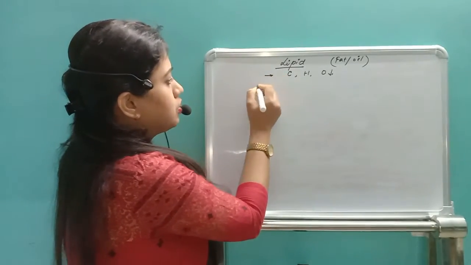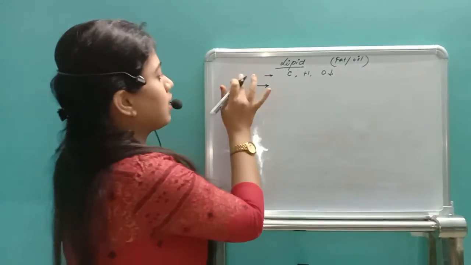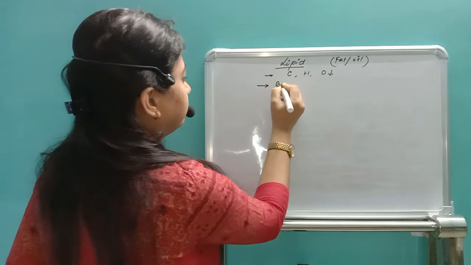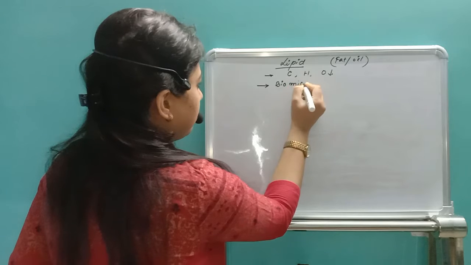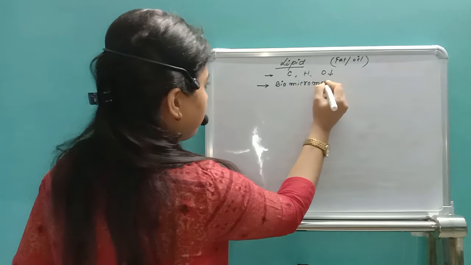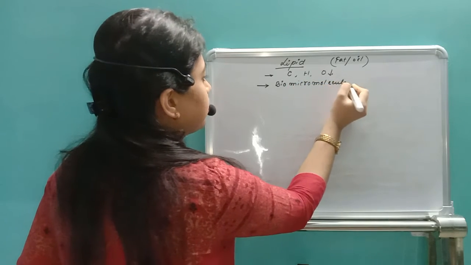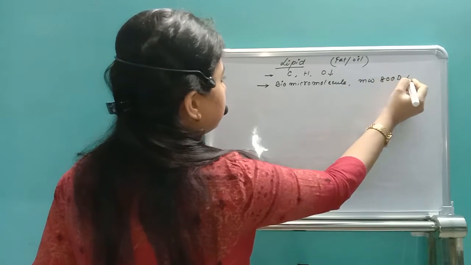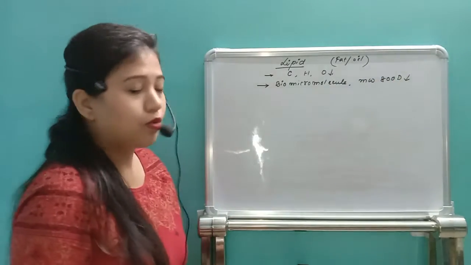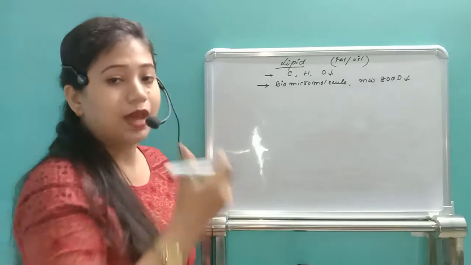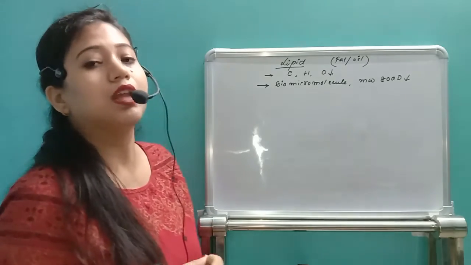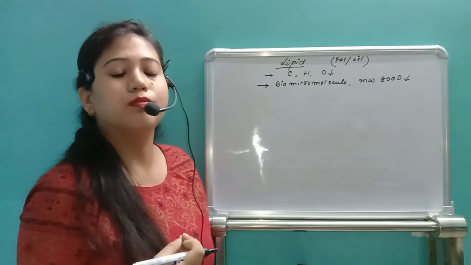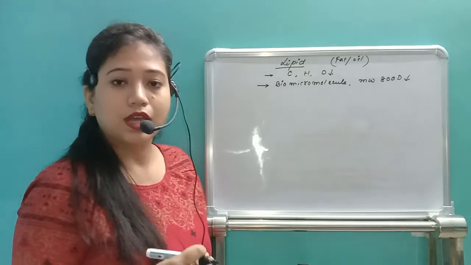Next thing, we need to know that lipid is a biomicromolecule. Biomicromolecule means it is going to have a molecular weight of less than 800 Dalton. Normally, if a biomolecule has a molecular weight less than 800 Dalton, then it should be soluble in the acid.